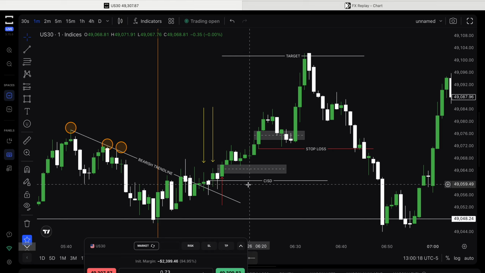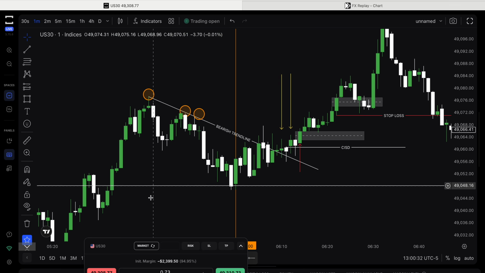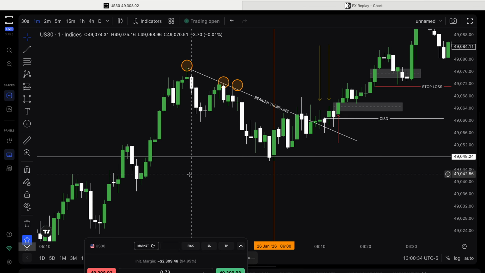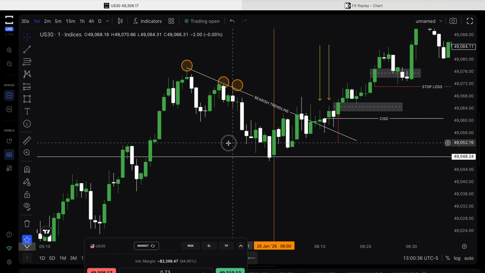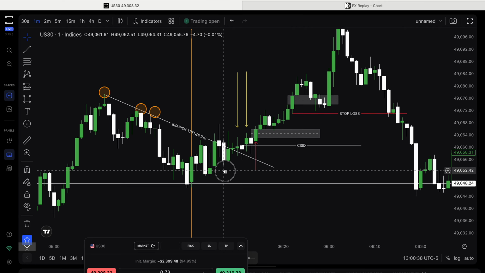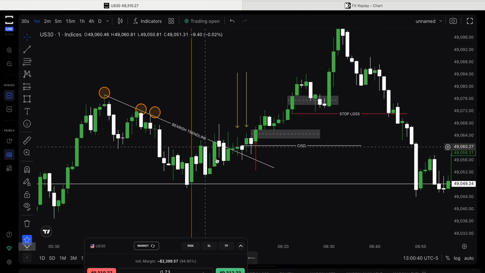And it could be happening at the same time that price breaks out. It doesn't have to be that price broke out right here and then this happened over here. Sometimes it'll be right when it breaks out. Sometimes the breakout would be the change in state of delivery. As a matter of fact, it did it right here.